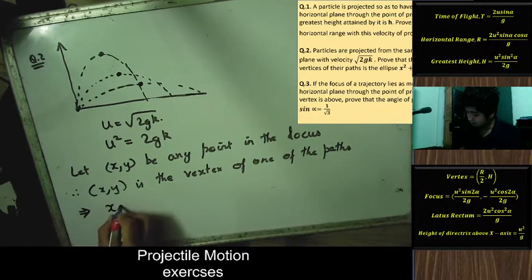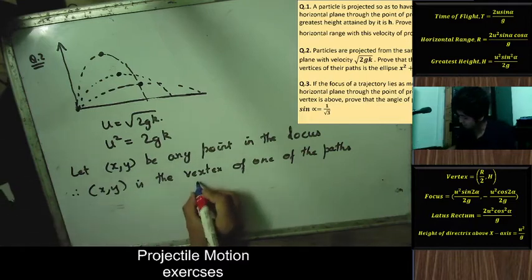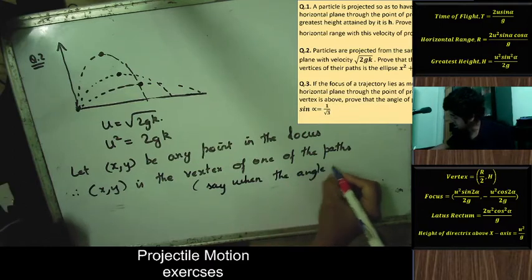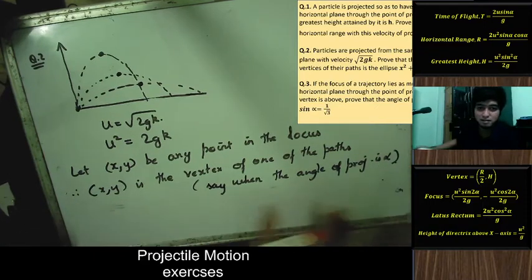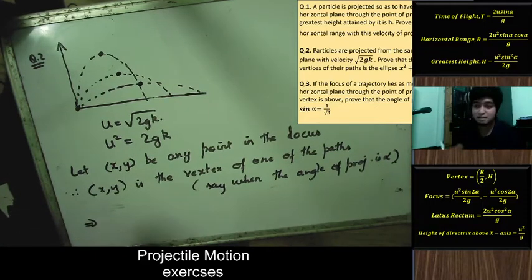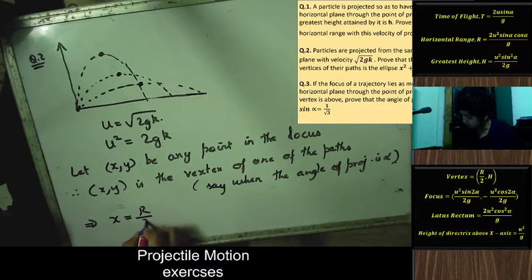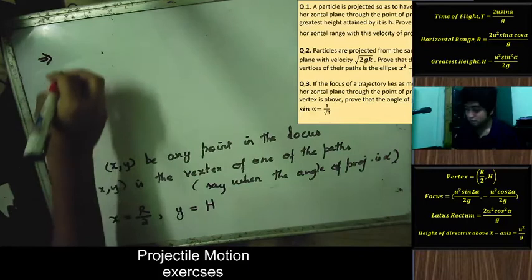So x will be equal to, maybe for one of the paths, say when the angle of projection is alpha. So how much is the value of x? By using the formula, the vertex is given by R by 2, H. So x will be R by 2 and y will be equal to H. Let us see how much is x.